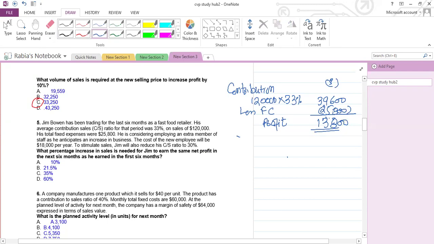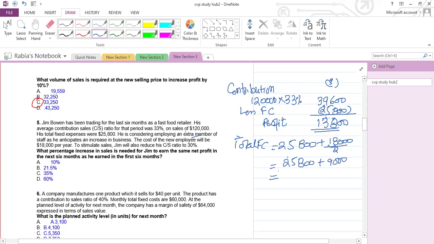Your new total fixed cost after adding the new member is 25,800 plus 18,000 divided by 2, that is 25,800 plus 9,000.